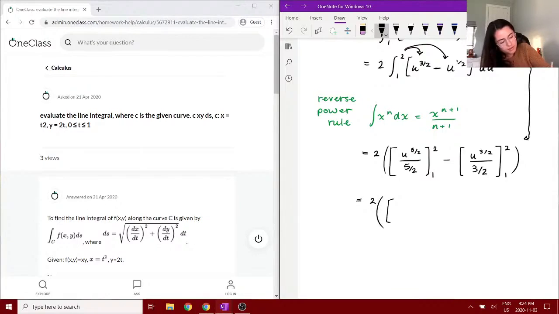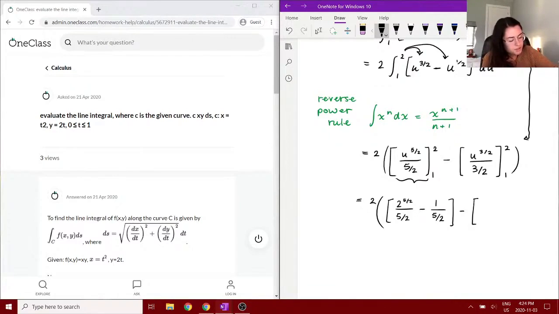First we replace the u with a 2. We have 2 to the 5 over 2 divided by 5 over 2 minus 1 to the 5 over 2, which we can just ignore because 1 to the power of anything is still 1, divided by 5 over 2. So that's just evaluating this first term.